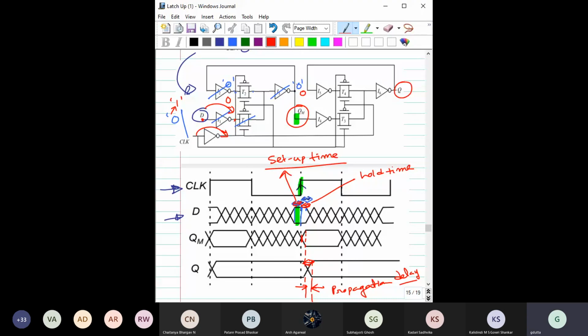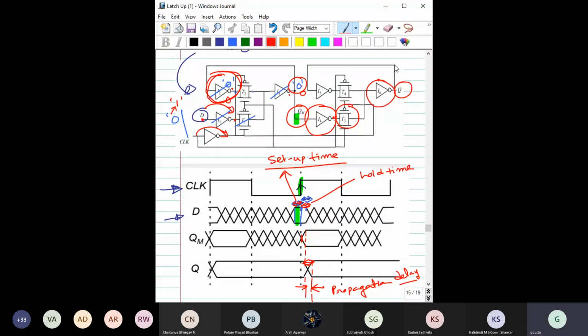No, maybe not completely, because when this data is available here, plus the delay of this, we have already considered within this delay, the setup time delay. So this one inverter delay we have already calculated extra there. So maybe we can compensate that delay with this, because when this has to transfer to this, during this time, this will also be transferred to here. Then after that, it is basically the delay of this and the delay of one more inverter.